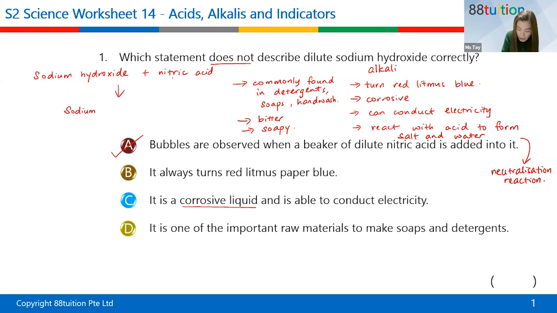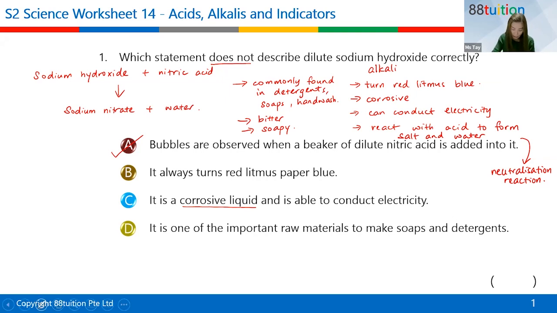Okay, and then because it is nitric acid, we will end up with a nitrate. So this is sodium nitrate plus water. Okay. Sodium nitrate is the salt that is formed. Okay, and then water definitely will be there. So we call this a neutralization reaction.